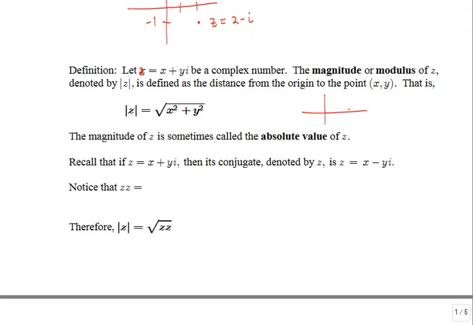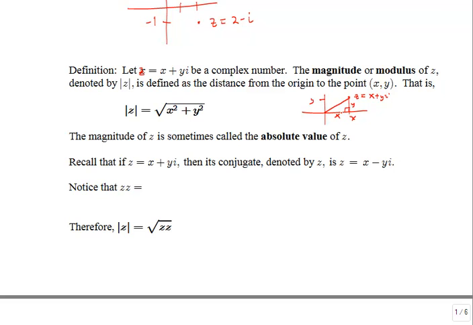If we draw our point x comma y over here, so z is equal to x plus yi, because it's going over x on the real axis and up y on the imaginary axis, you can visualize a right triangle where this leg is x and this leg is y.